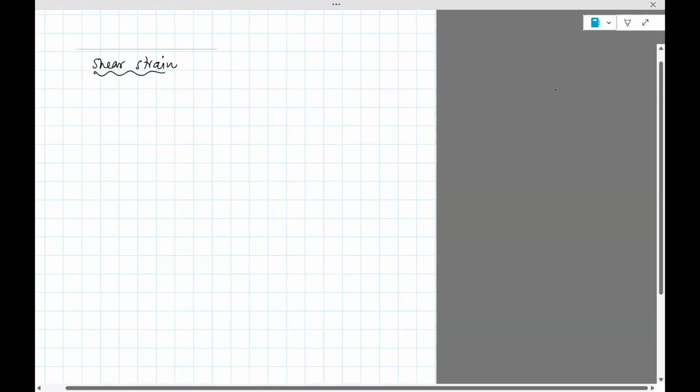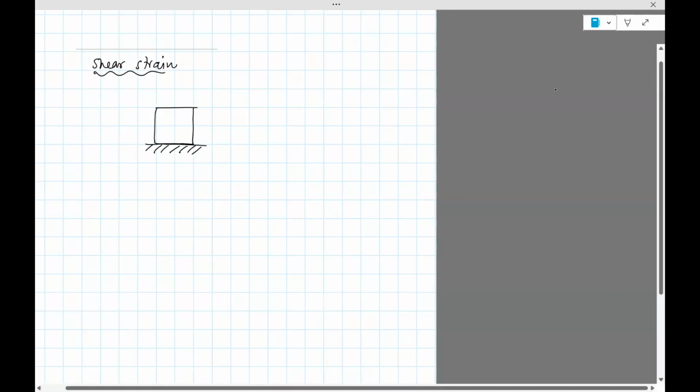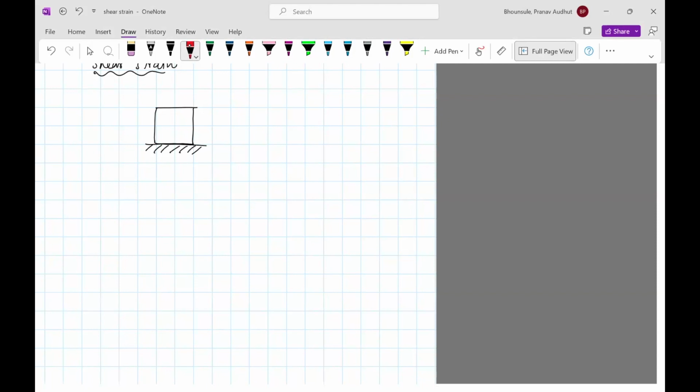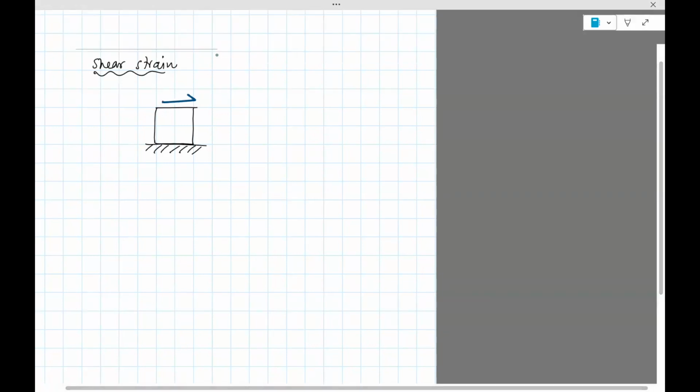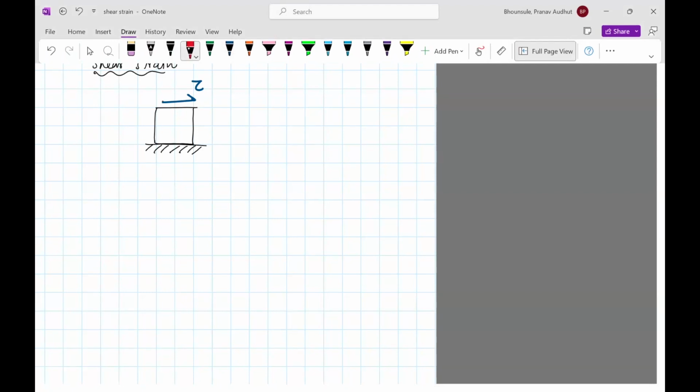Shear strain. So the best way to think of this is assume a block which is glued to the ground. And what we do here is we subject this block to a shear stress. As a result of the shear stress, and because the block cannot slide, it's glued to the floor, it'll actually twist or shear.